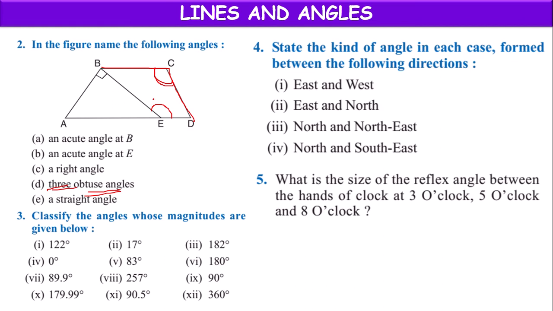This is 1, this is 2, and the rest are acute. So we are getting only two here. BEC one, BCD other.